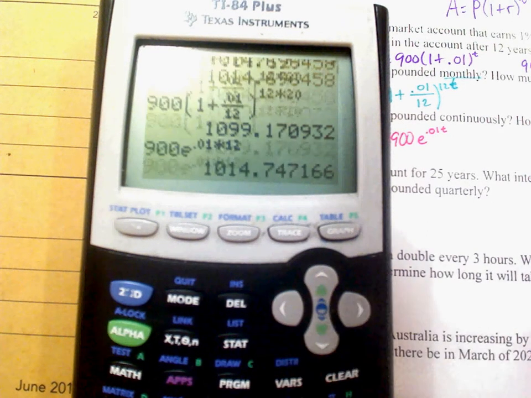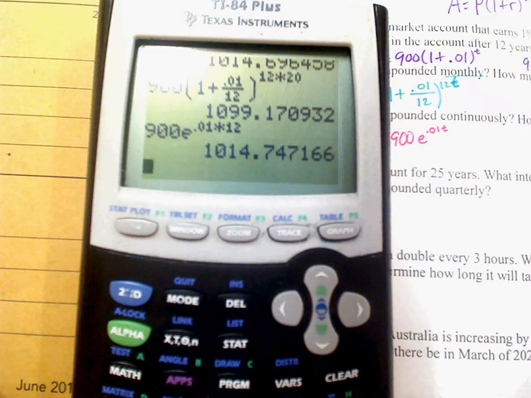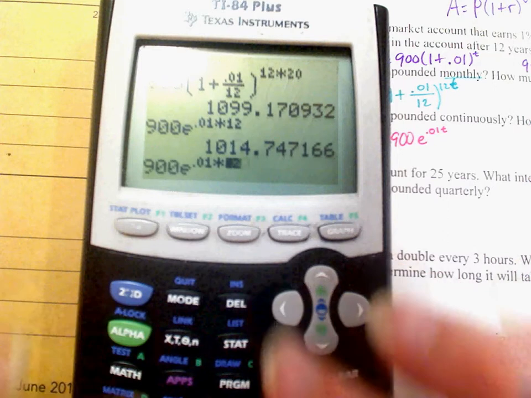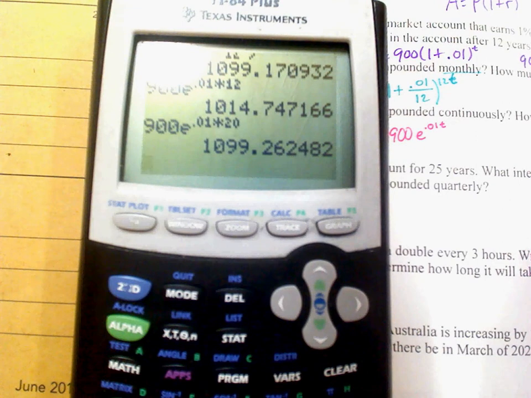So for 12 years, I've got $1,014.75, a whole 5 cents more than the last one. And when I want it to be 20, I'll just type that in. I've got $1,099.26.